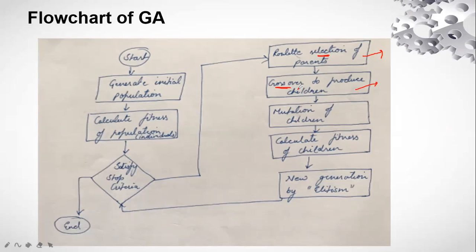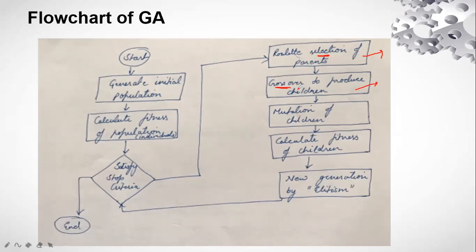Why do we need to do the crossover? If we are not using the crossover operator on those individuals, we are going to get the same parent as the same child. That means the child will be exactly the same as the parents.